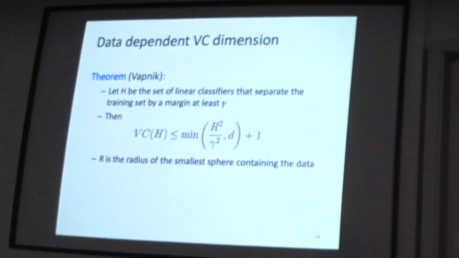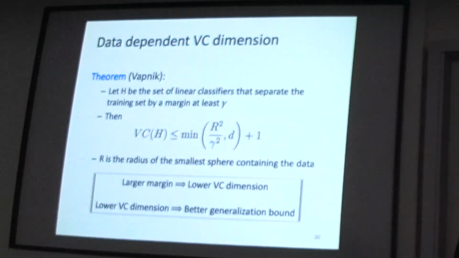And remember, when we talked about the generalization error bound, the smaller the VC dimension, the smaller the bound. So now we can build up the full connection between the margin and the generalization error bound.